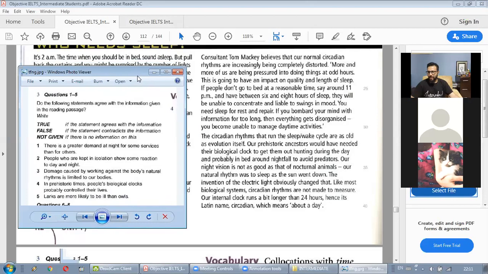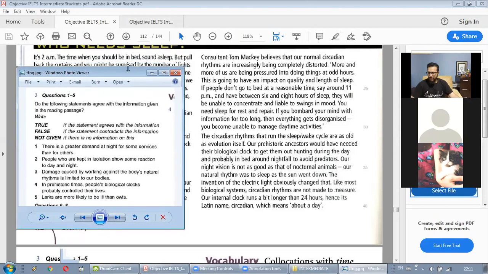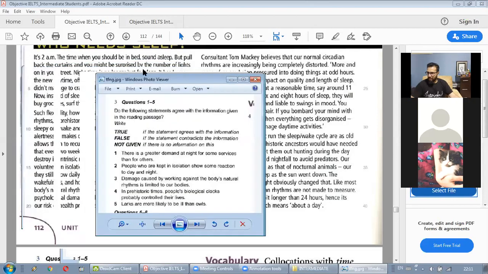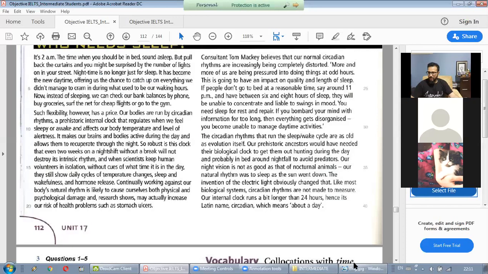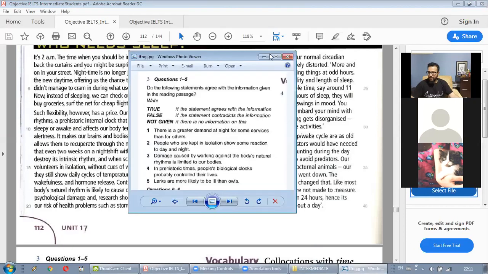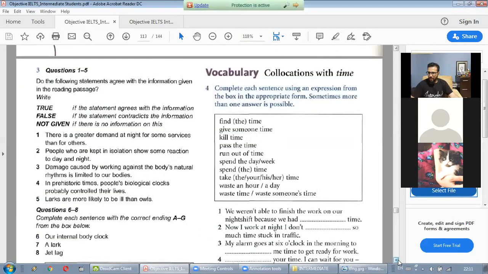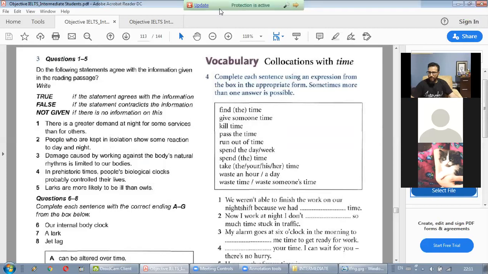Okay. So let's see our answers. Let's write them on the left side. I have a better idea. Let's just go to the section itself. So what do we have for number 1?